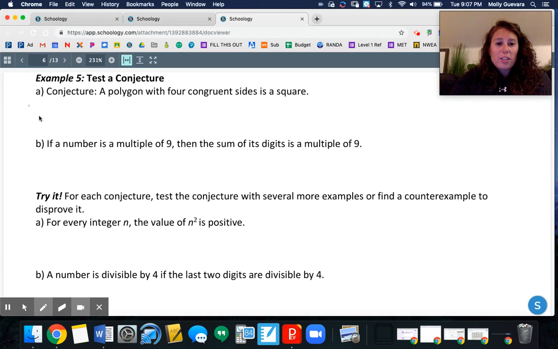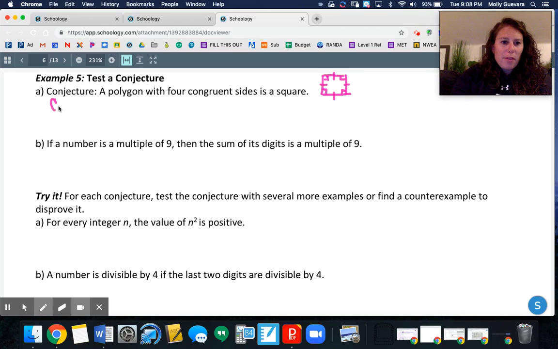So let's just look at A real quick, and then I think this will kind of make sense. Okay, a polygon, a shape with 4 congruent sides, is a square. So we know, obviously, that if I have all 90-degree angles, 4-sided shape, and if I have 4 congruent sides, that's a square.